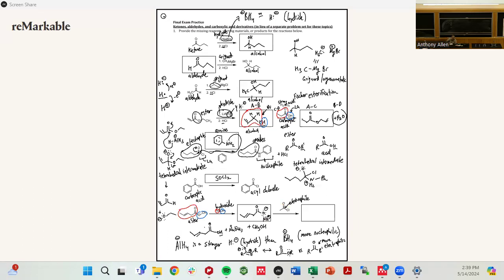You have an O minus here, that's a pretty good nucleophile. I say pretty good only because really this O minus is stabilized via resonance. Let's say that carbonyl wasn't there, that would be even more nucleophilic. But the carbonyl stabilizes it through resonance, so it gets less nucleophilic.